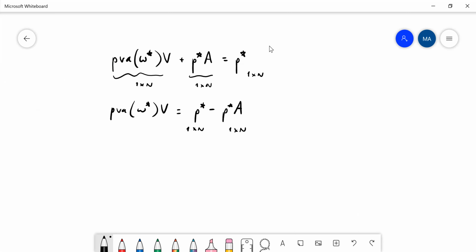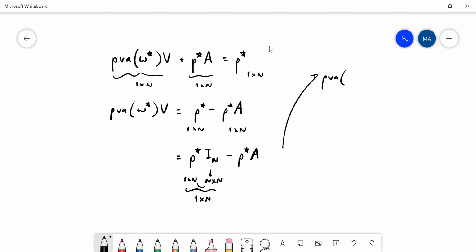right? But now realize one thing. This should be written in this way, right? Because this is 1 by n, and this is n by n, right? So this whole thing is again 1 by n. If you write it in this way, so you have p_VA, the price of value added, times V equals p star (I_n minus A).